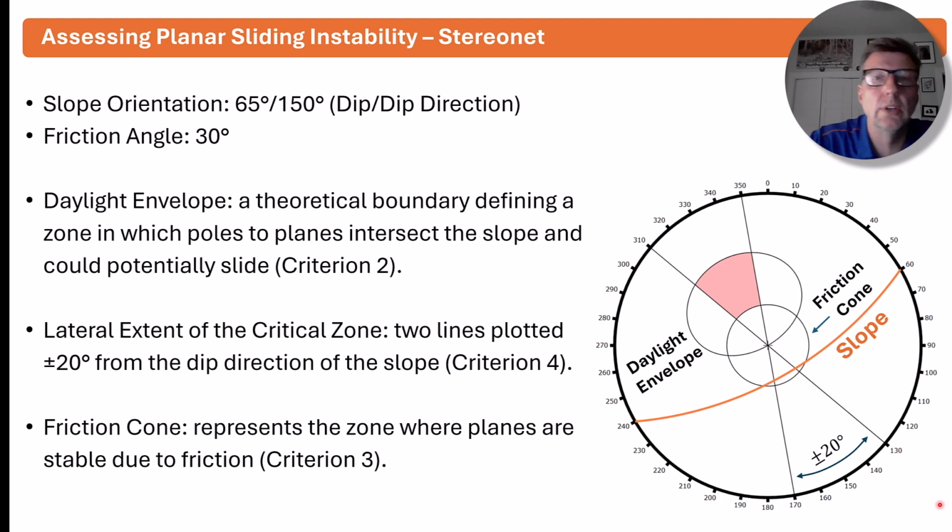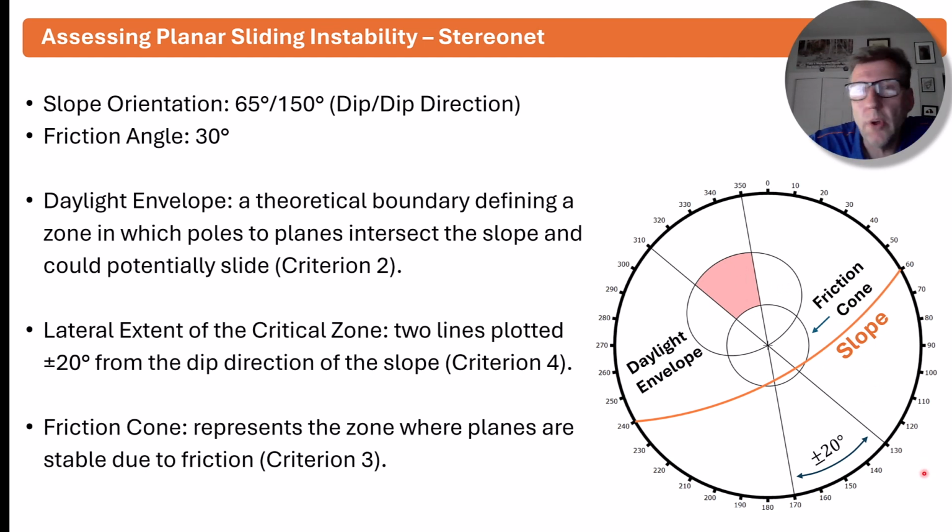And that's criterion 3. What you should notice is by adding the friction cone, this red area, which was once a cone, is now a truncated cone. That red area has decreased in size. It's colored red or pink because it's kind of the danger zone.